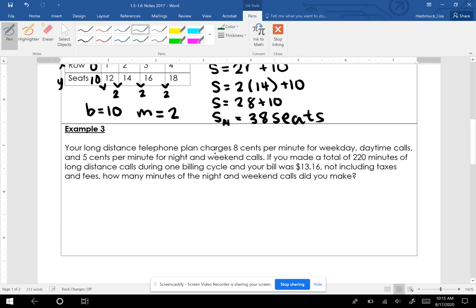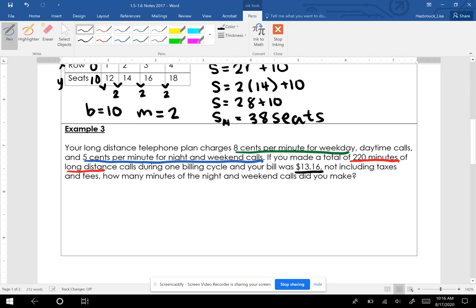Your long distance telephone plan charges, it's 8 cents per minute for weekday. It's 5 cents per minute for night and weekend. You made a total of 220 minutes of long distance calls, and your total bill is $13.16.